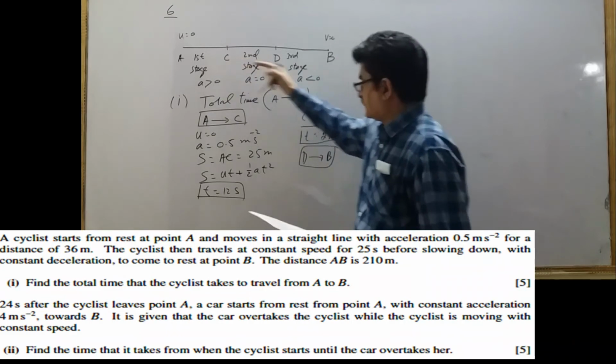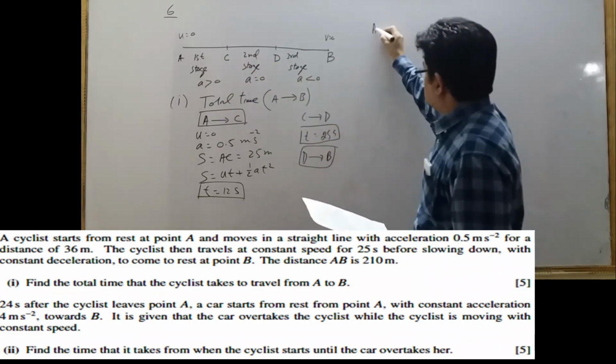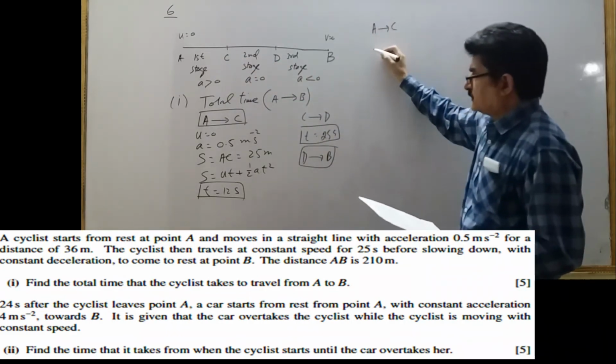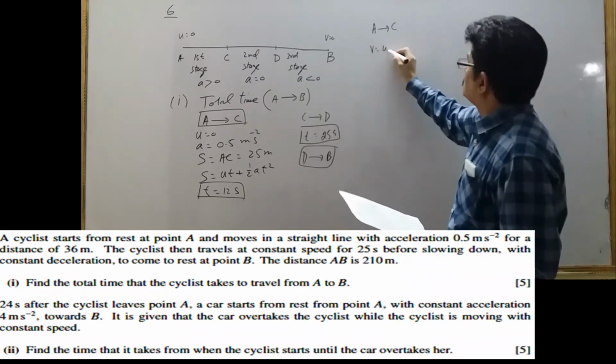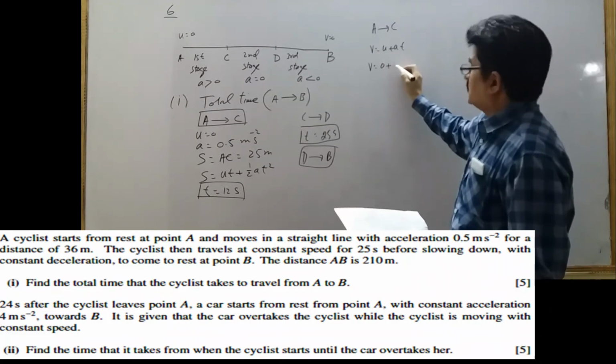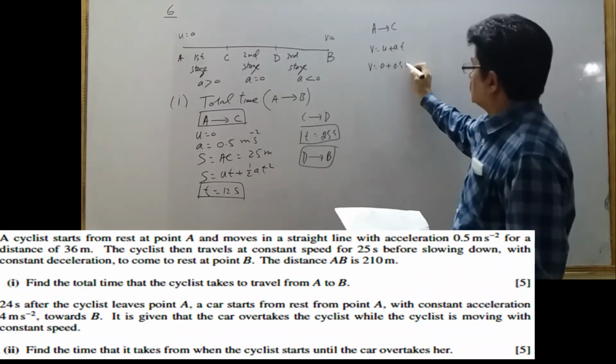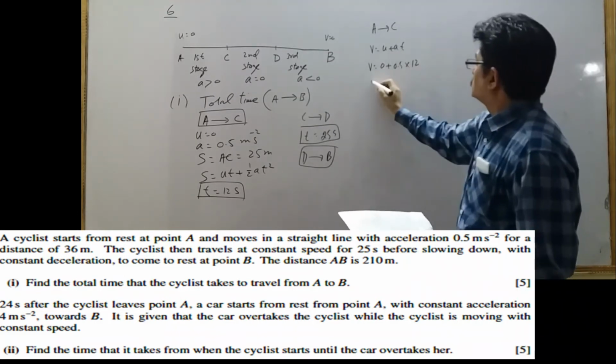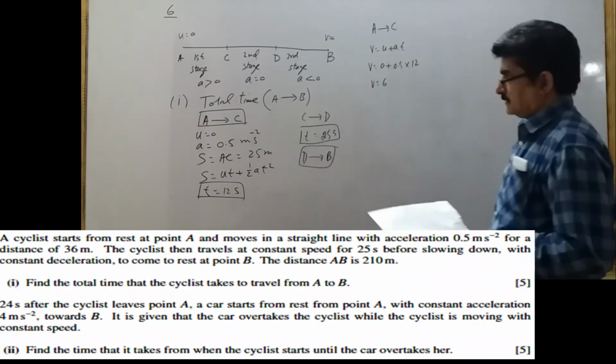So from the first part, for A to C motion, you can find velocity. V is equal to u plus at. So V is equal to u meaning 0, a is 0.5 and time is 12. So from here V is 6.